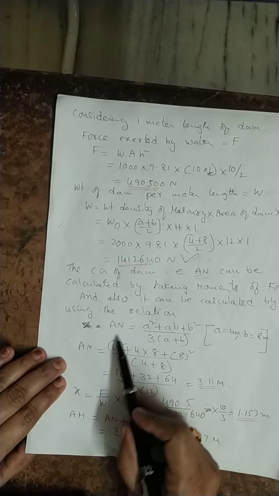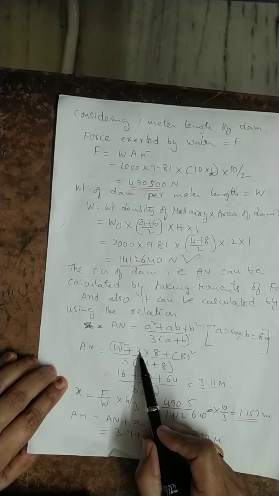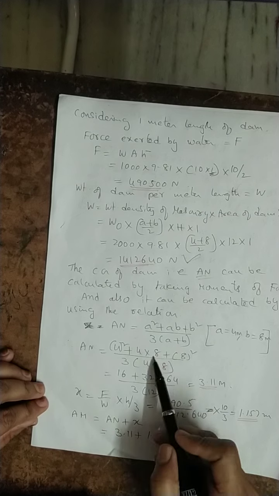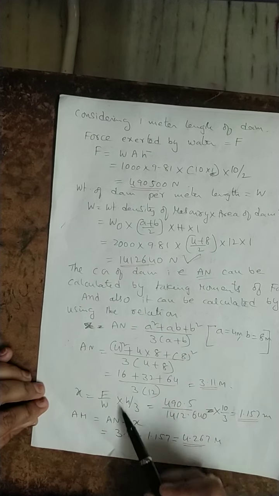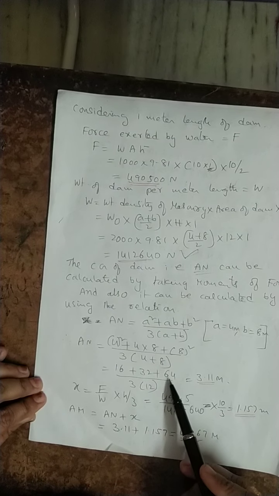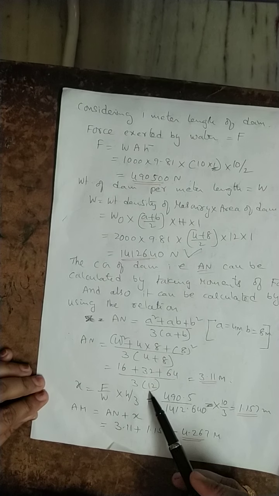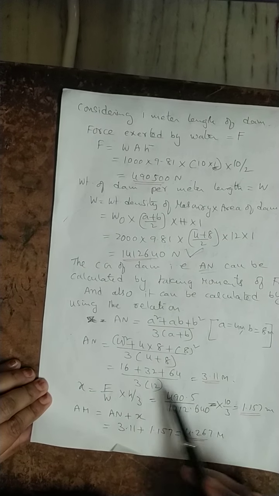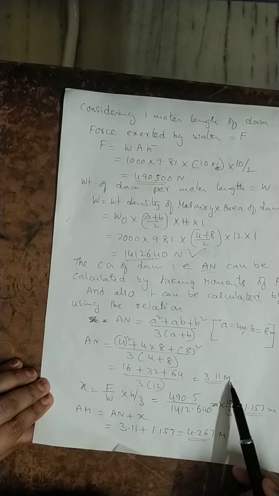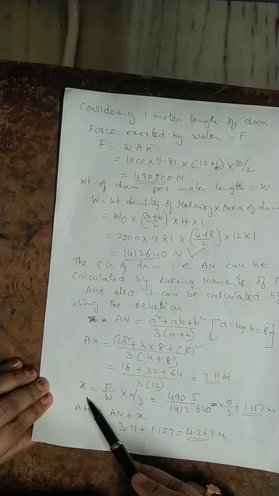Substituting, AN is equal to 4 square plus 4 into 8 plus 8 square by 3 into 4 plus 8, so 16 plus 32 plus 64 by 3 into 12. If we simplify that, AN comes to 3.11 meters.